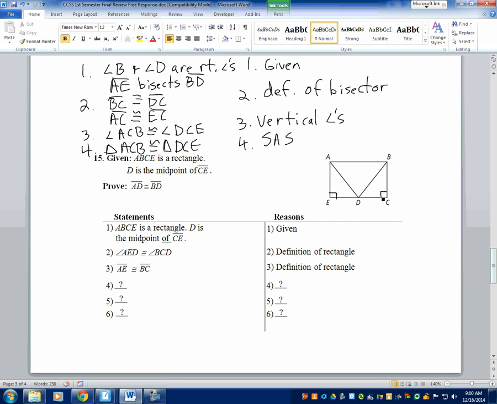AE is congruent to BC. Why is that? Definition of rectangle is kind of real general. But in a rectangle, we know that the opposite sides are always congruent, right? We know that's a fact for a parallelogram. So I've got side and angle here, right?